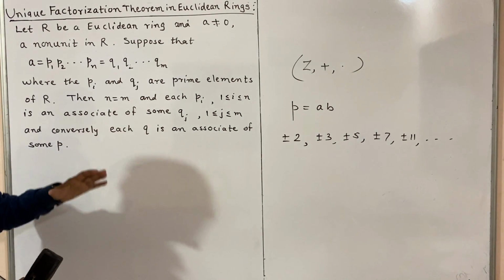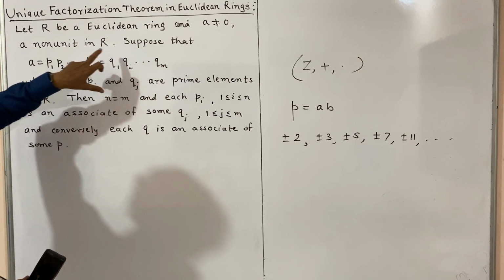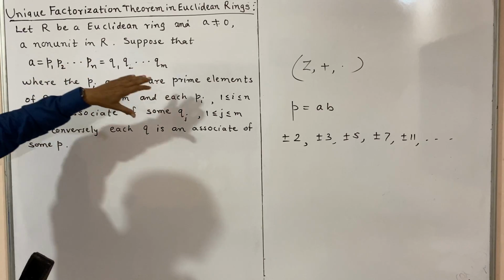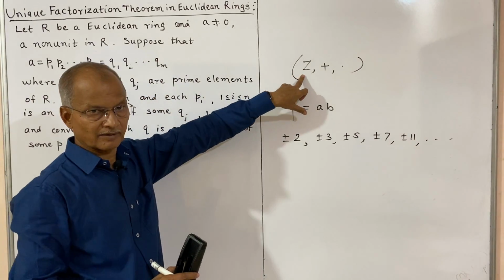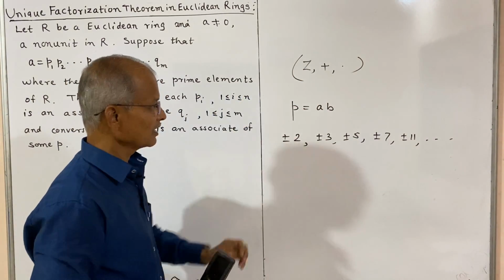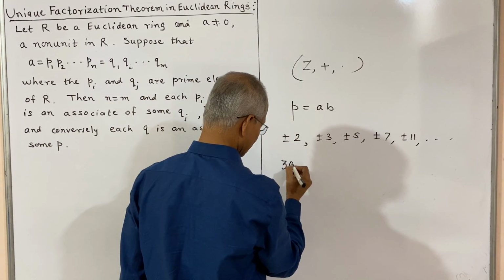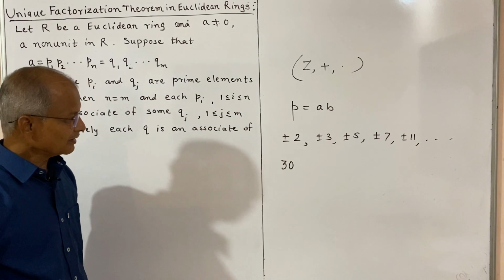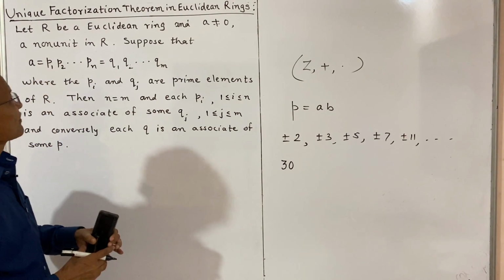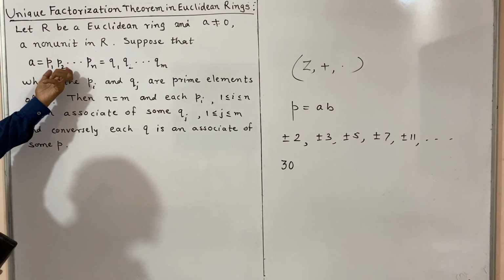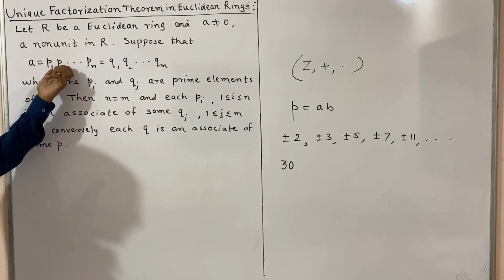Now if you consider any non-unit in Z, the ring of integers, suppose I consider the element 30. Then this can be expressed as a product of prime elements.